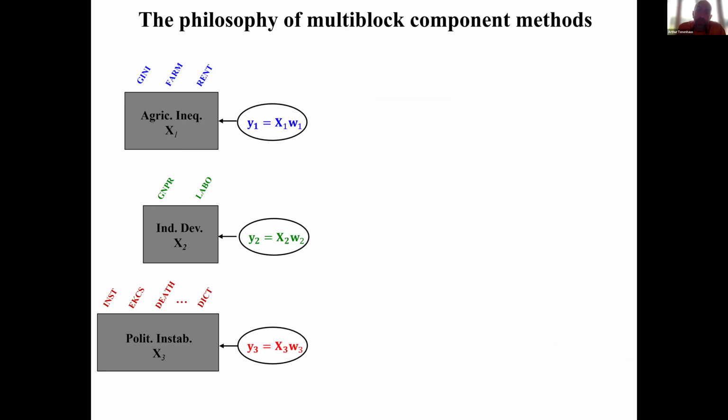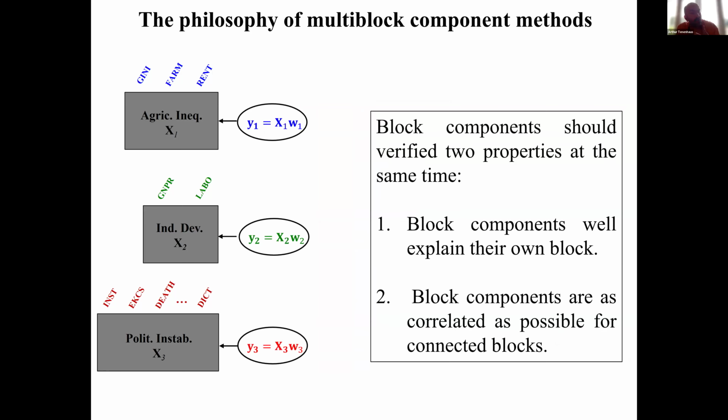So we need to define an alternative optimization criterion for estimating the block weight vectors W1, W2, W3. We want two properties at the same time for the block components.